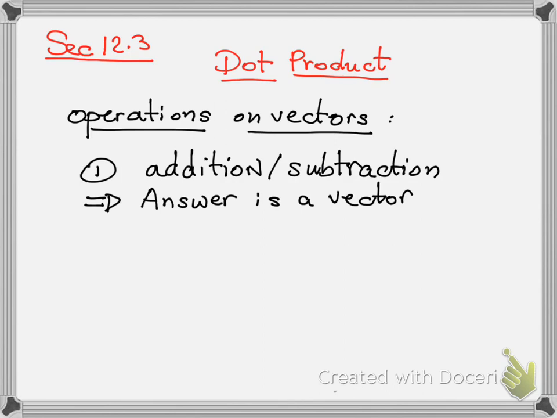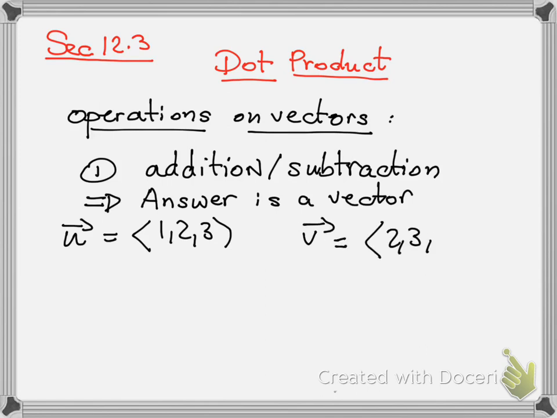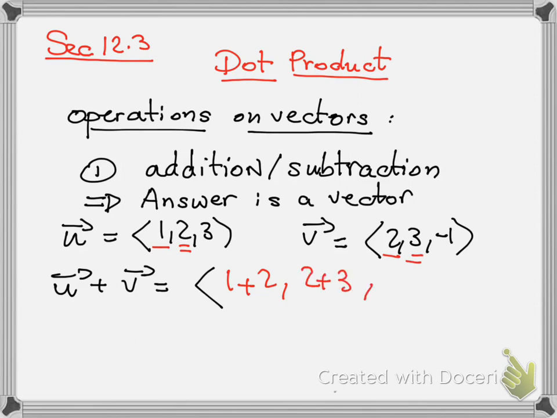For example, let's say vector u is the vector (1, 2, 3), and vector v is (2, 3, -1). Then u plus v is equal to 1 plus 2, that's the first coordinate, and then 2 plus 3, and then 3 plus -1, that will be the third coordinate.